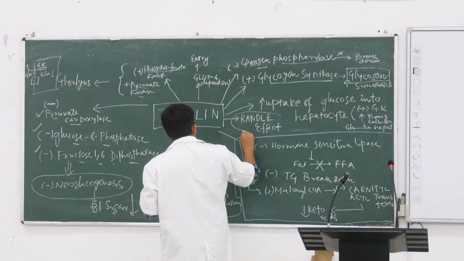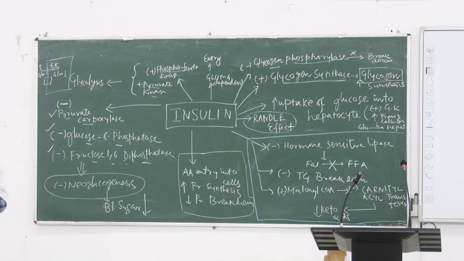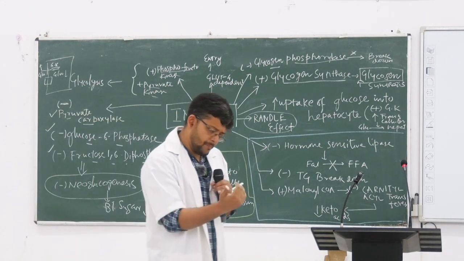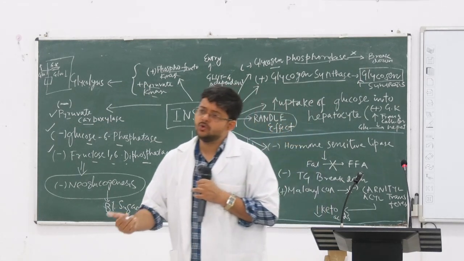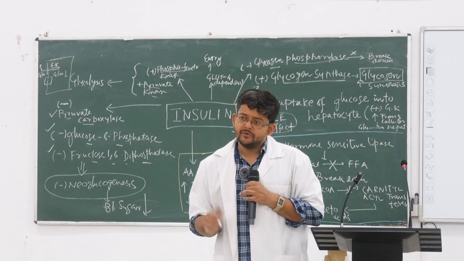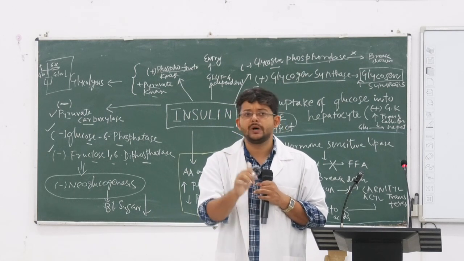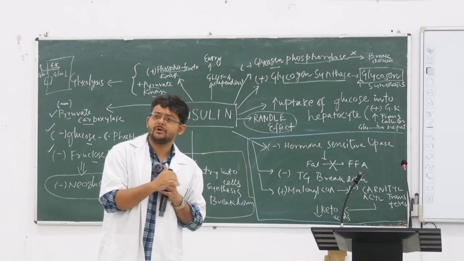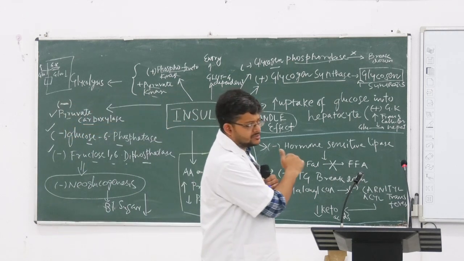There is something called the Randle effect, which is competitive inhibition, or competition for substrate, between free fatty acid and glucose. This happens in muscle. In the 1960s people used to think that this is the only reason why diabetes happens, if the Randle effect is not proper. Philip Randle was the scientist who also got a prize for this discovery.